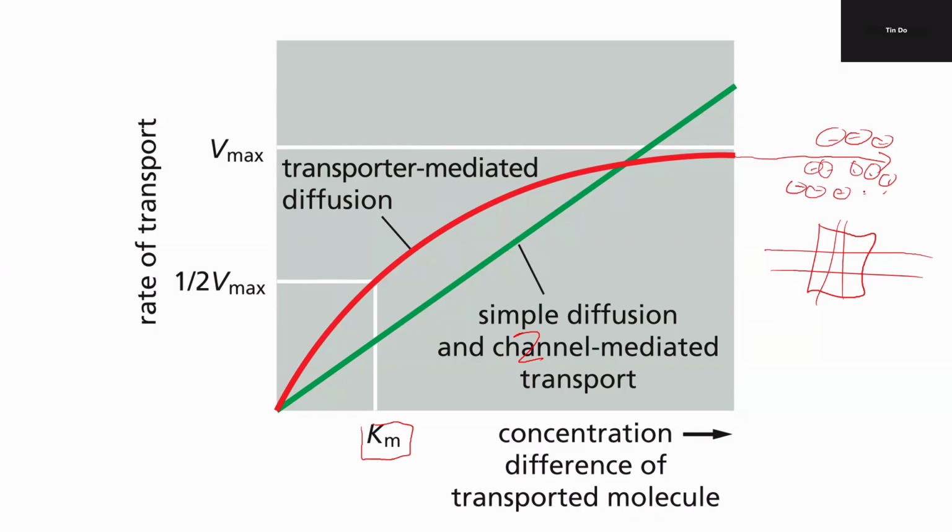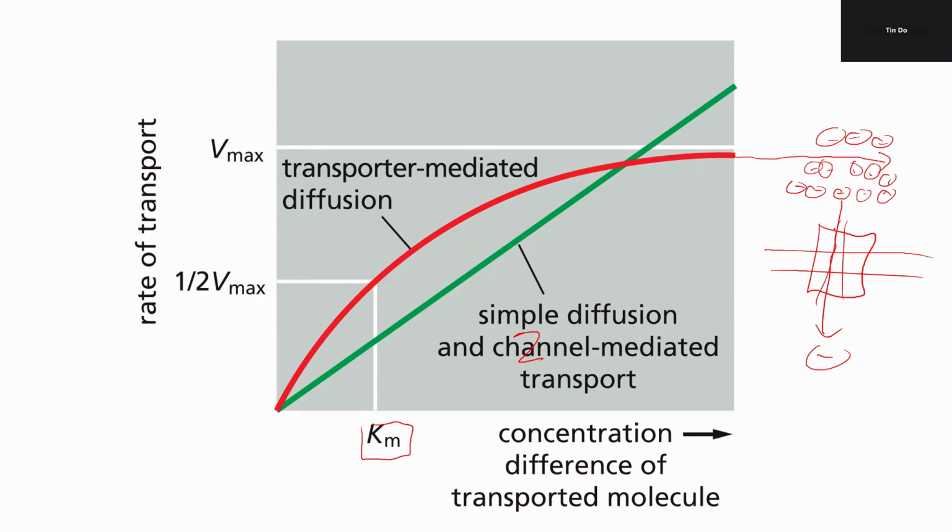It doesn't really matter, it's an open tunnel, right? It's just going to go through as fast as it can until it reaches equilibrium. And so simple diffusion, where we're looking at channel-mediated transport or just regular simple diffusion, is going to travel at a linear slope.